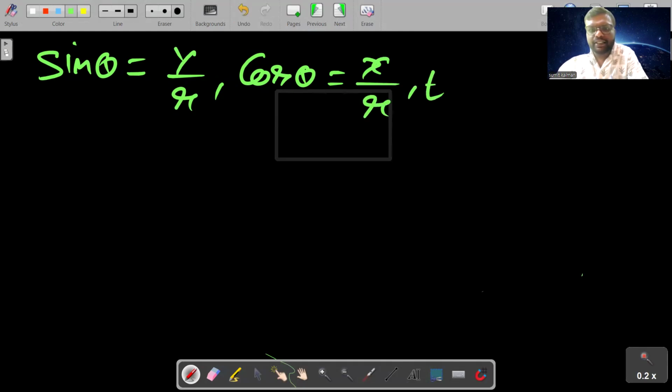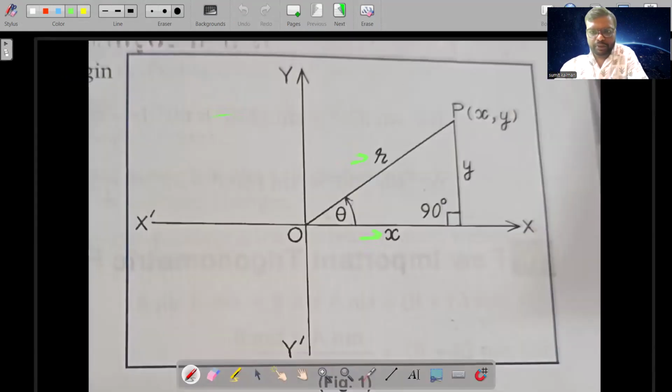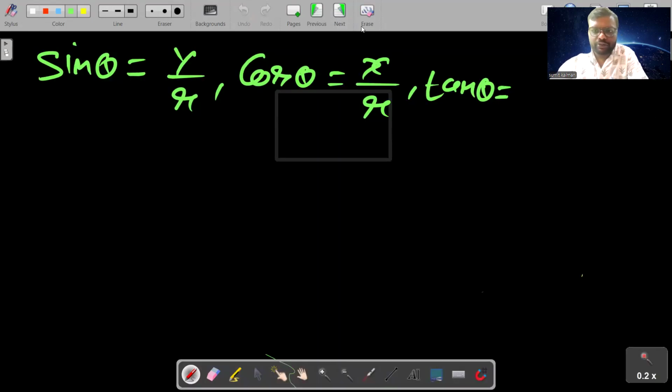Next is tan theta, perpendicular upon base. So here perpendicular is y and base is x. So here it will become y upon x.